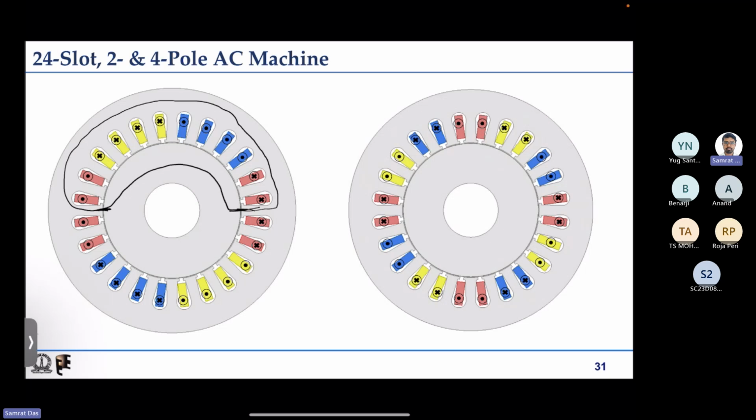So that is the mmf distribution at this given instant, and then if you repeat the same thing for other time instants, you will get the mmf distribution.